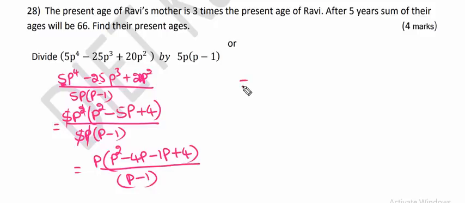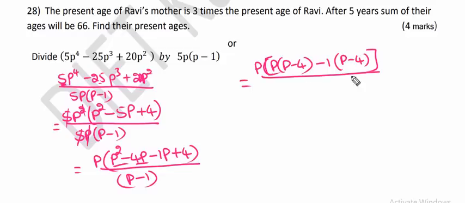Now we split this by taking p common, which gives p into p minus 4, and then taking minus 1 as common, that gives p minus 4 divided by p minus 1.